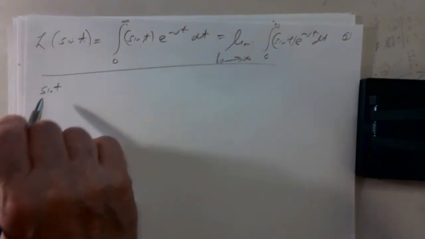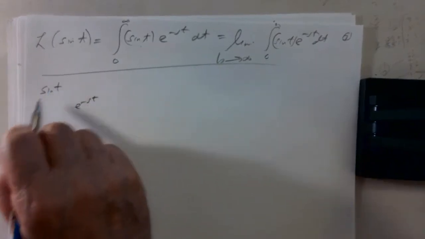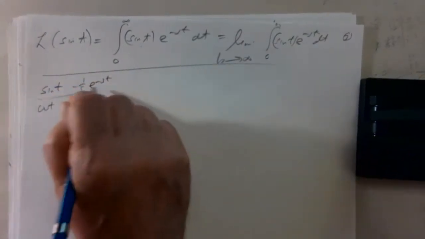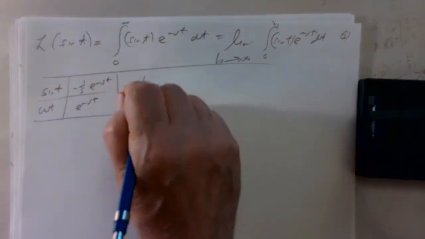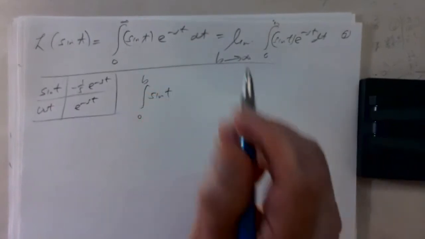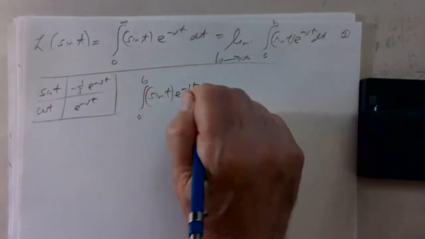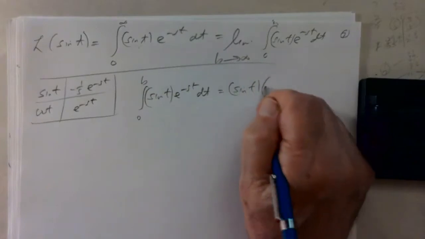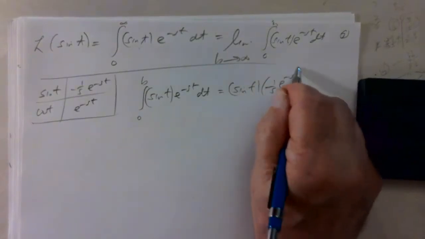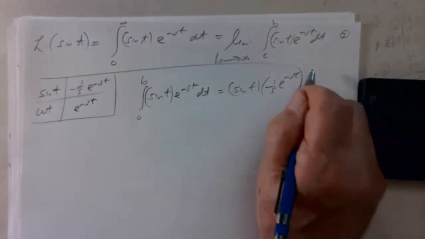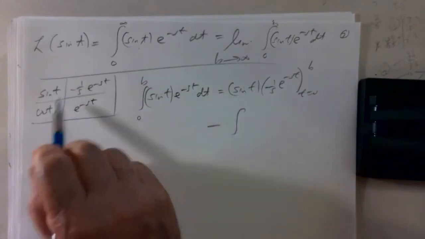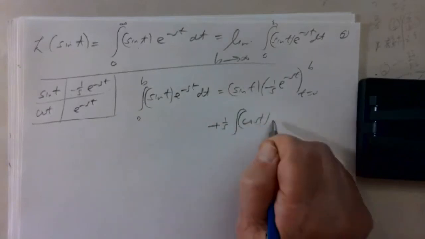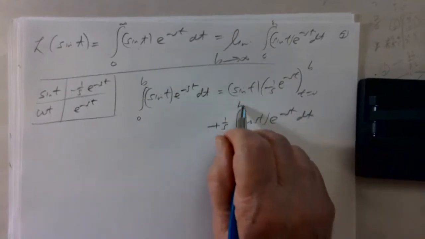If I have sine t and e to the minus st, when I differentiate, I get cosine t and minus 1 over s e to the minus st. So the integral from 0 to b of sine t e to the minus st dt is sine t times minus 1 over s e to the minus st, evaluated from t equals 0 to b, minus the integral of this times this, minus times minus s is plus 1 over s cosine t e to the minus st dt from 0 to b.